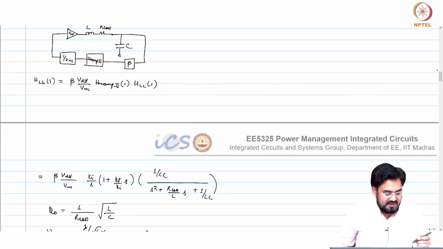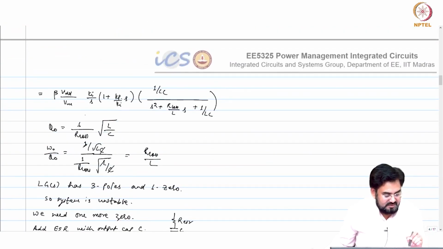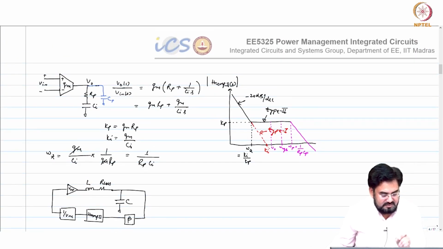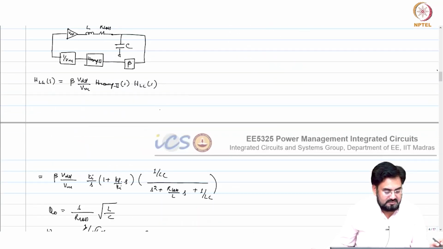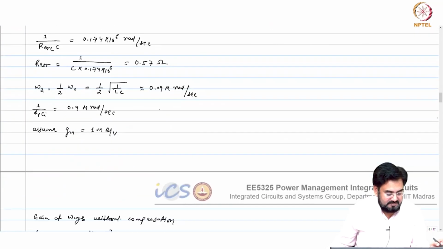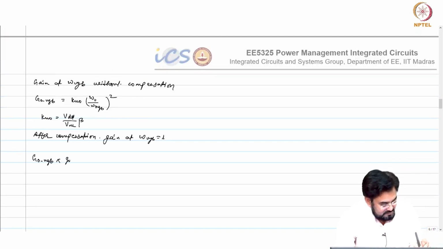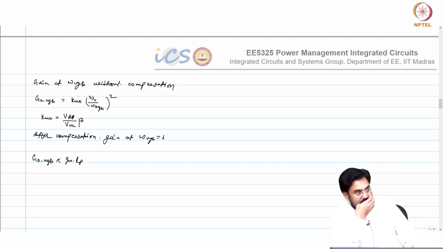What is the DC term you are getting from the compensator? Your GMRP? What? Anything else?